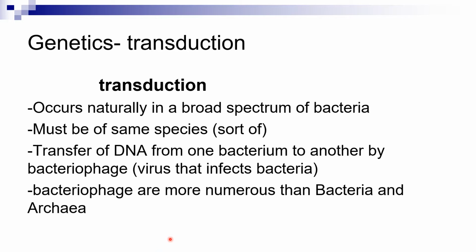And the bacteriophage are more numerous than all of the bacteria and archaea. So we never really think about viruses infecting other living things besides, for example, coronavirus infecting us now. But viruses infect every living thing, whether they be plants or protozoan, or in this case, bacteria and archaea.